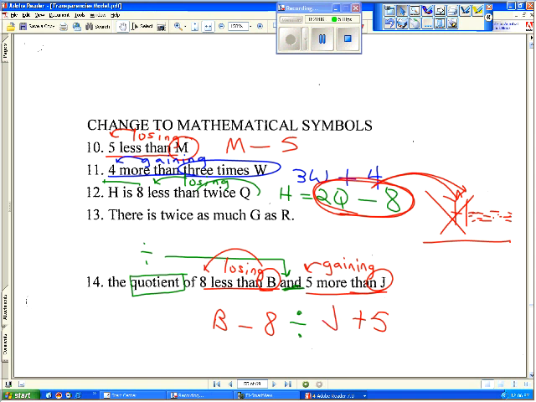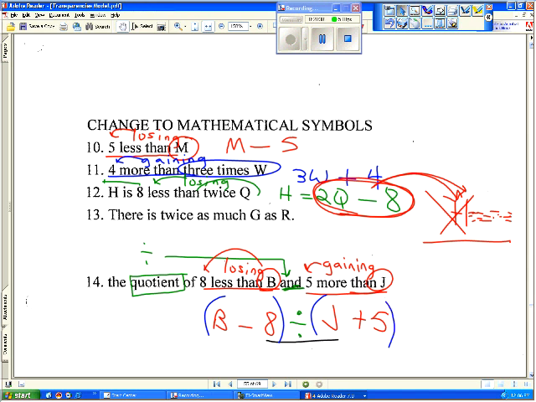Now this is intending for you to find the quotient of this and that. And so we need parentheses because order of operations says you do division first. So according to order of operations, we do 8 divided by J, take that answer, subtract it from B, and take that answer and add 5. That's not what was intended. It intends that we take this and do it first, and then that, and then take that answer and divide.